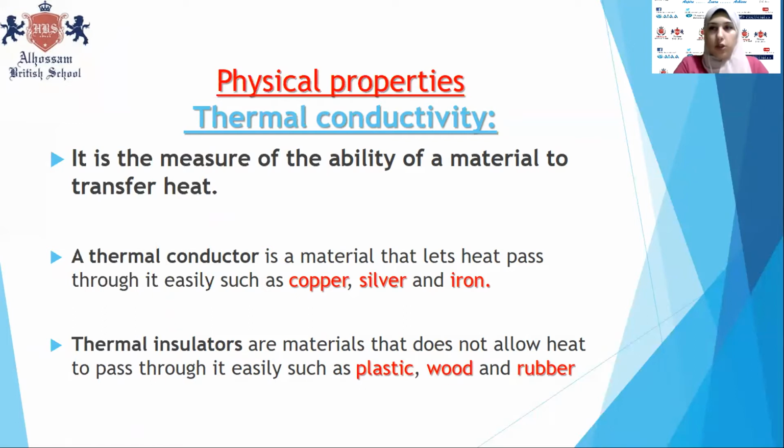A thermal conductor, this is the definition. You must memorize definitions well, because they're so important, okay? So a thermal conductor is a material that lets heat pass through it, while thermal insulators are materials that do not allow the heat to transfer through them.